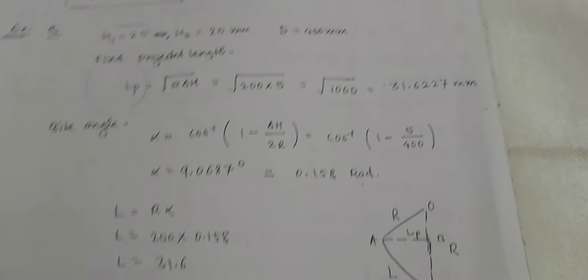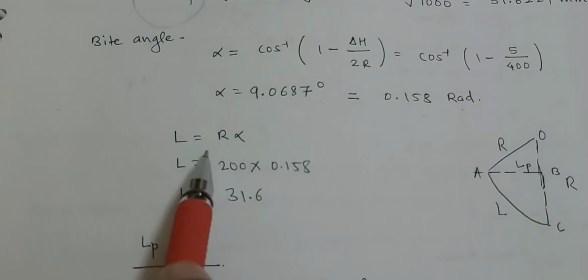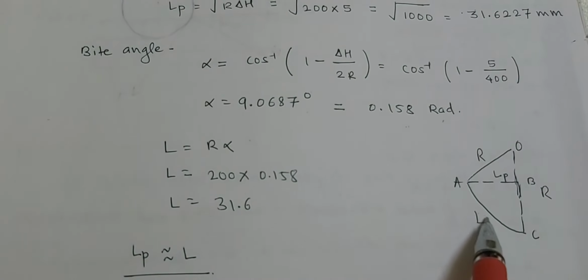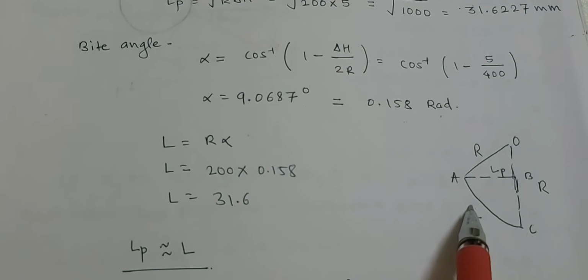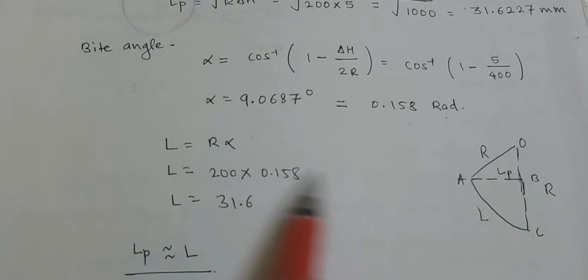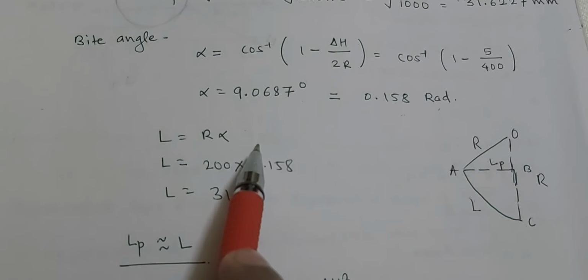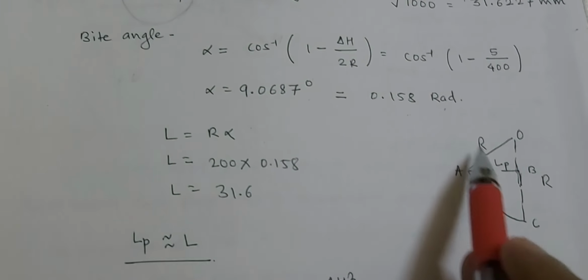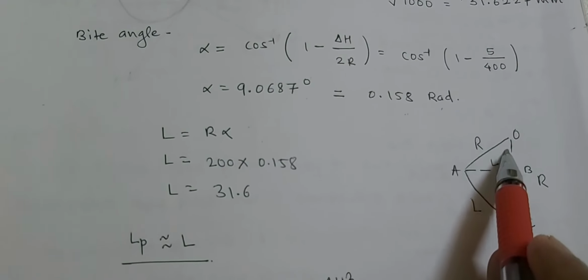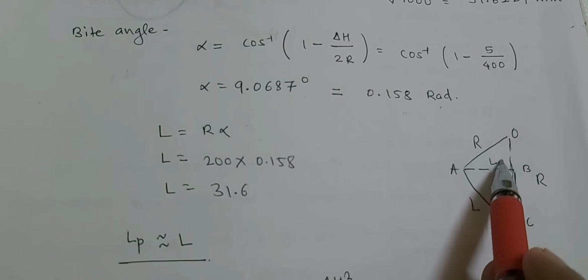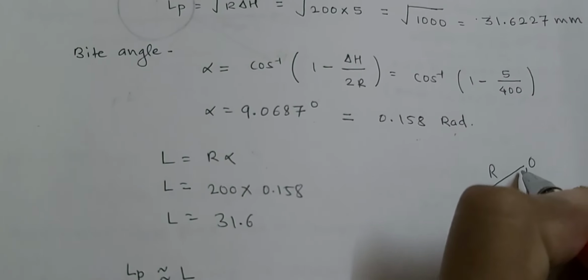What is the important term here? This is your projected length, this L we have to find out. But how to find it? Projected length is nothing but r into the angle subtended. This is my radius and this is my angle subtended, that is alpha.